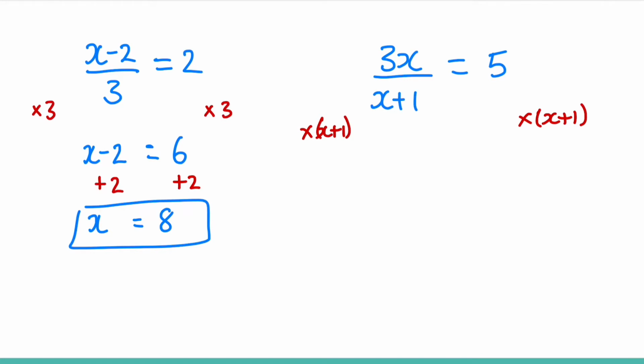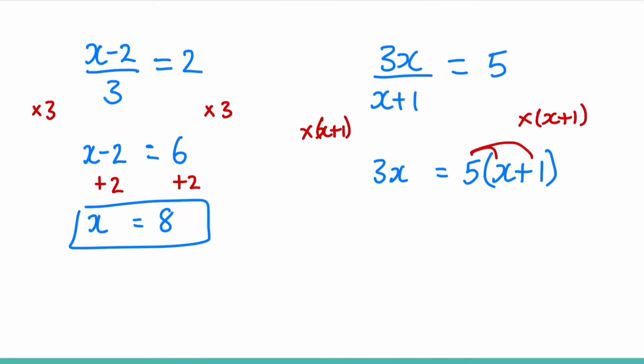So again, on the left-hand side, it's just going to undo my denominator, so it's just 3x. And on the right-hand side, I have 5, and I need to times it by x plus 1. But I don't want it to accidentally look like 5x plus 1, because I'm timesing everything by the 5. So always put brackets in to remind you.